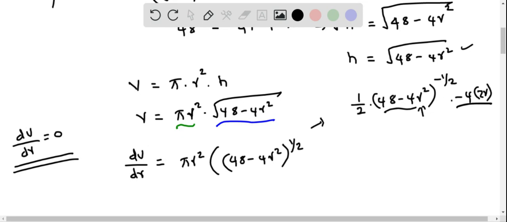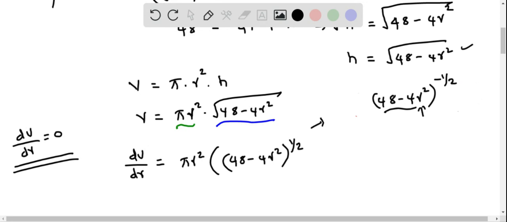So this is negative 4 times 2r, which is negative 8r. In fact, we can also cancel this 8 with the 2, as this goes 4 times. So we can remove this half in front, and then this one is negative 4r.